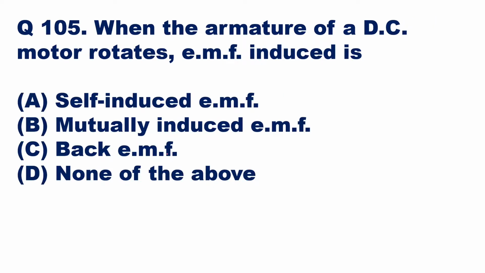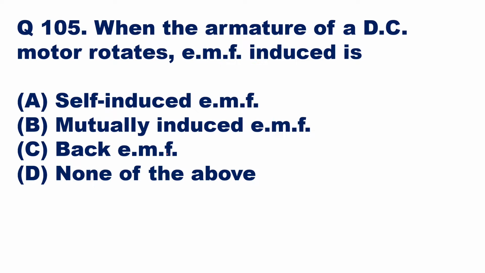Then we'll go to question number 105. When the armature of a DC motor rotates, the EMF induced is called what? The options are self-induced EMF, mutually induced EMF, back EMF, and none of the above. Here the answer is back EMF. Back EMF is an EMF that is produced by a turning armature.